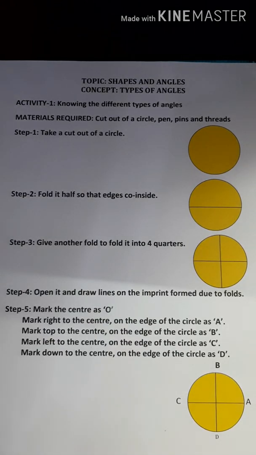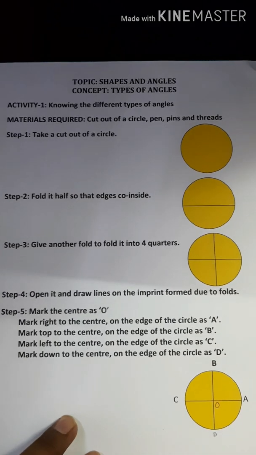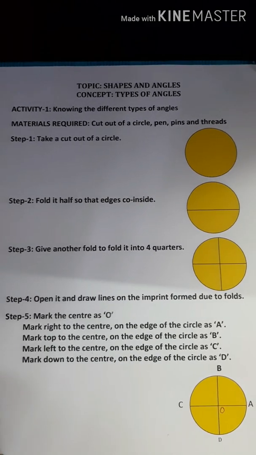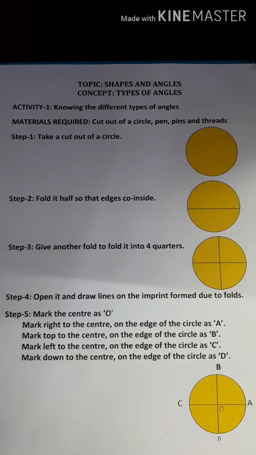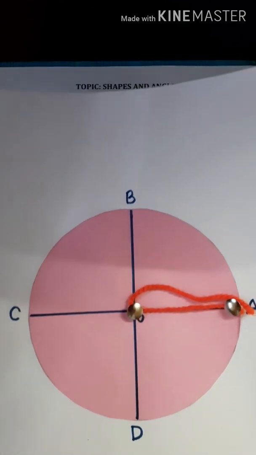We will mark them as A, B, C and D, and we will mark the center point as O. Once we do this, we will get something like this.